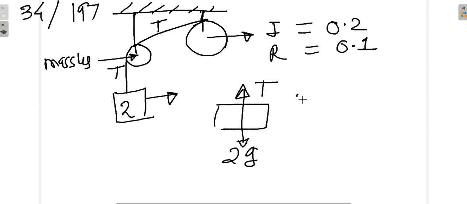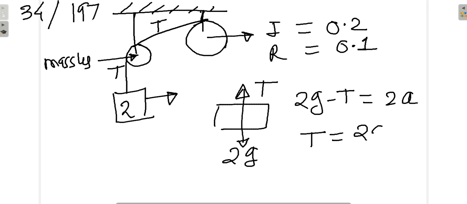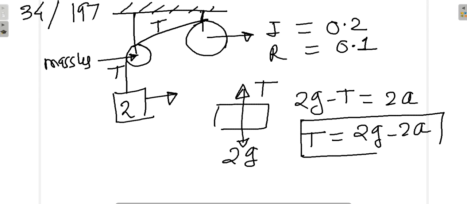As the block is going down, the net downward force is 2g minus T, and that is 2a. That gives me the tension T as 2g minus 2a.